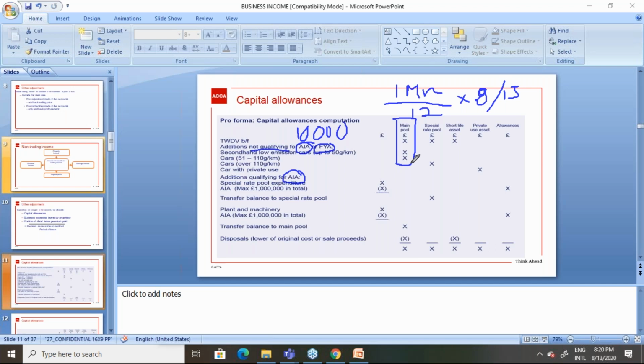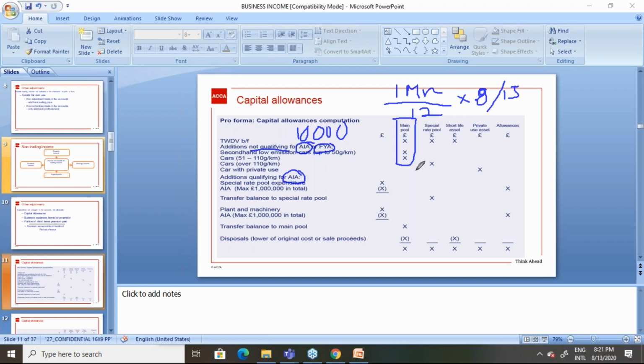So how do we identify whether it should be included in the special rate pool? It's always better to remember the type of plant and machinery that are normally included in the special rate pool. We include high emission motor cars where the carbon dioxide emission is more than 110 grams per kilometer in the special rate pool.